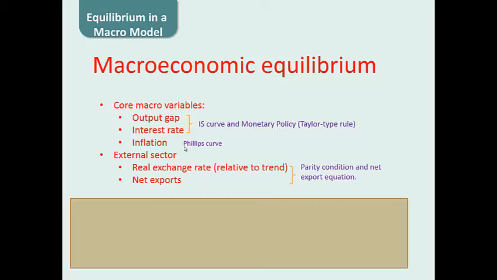But then we're also going to get the inflation rate, and we're going to be using the Phillips curve, and then we're going to be extending our model to obtain information about the equilibrium values in the real sector, and that includes both the real exchange rate and net exports, and we'll be using the parity condition and the net export equation to get us this information.